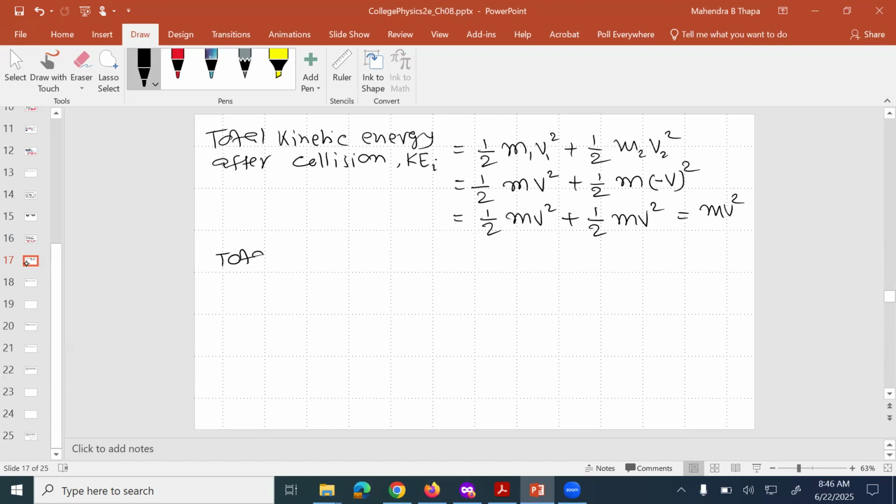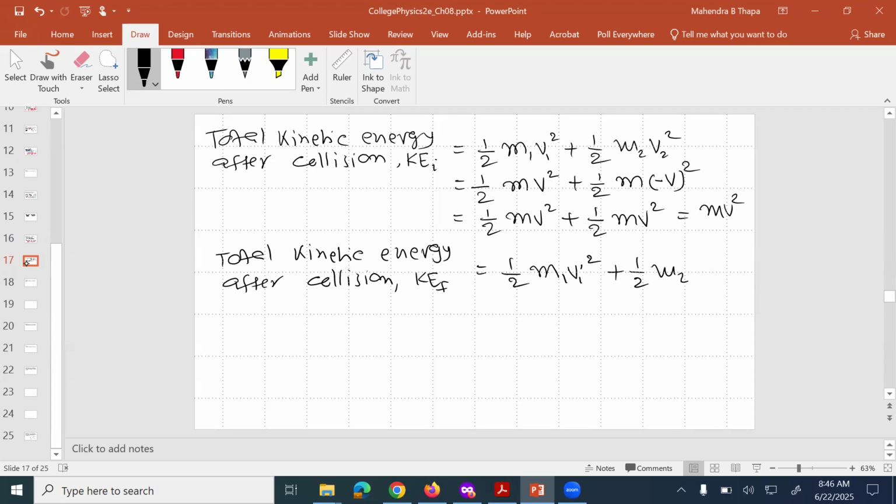So similarly, we can find total kinetic energy after collision. Say KE final equals half m1 v1 prime squared plus half m2 v2 prime squared. If we plug the numbers, half m 0 squared plus half m 0 squared, that equals 0.